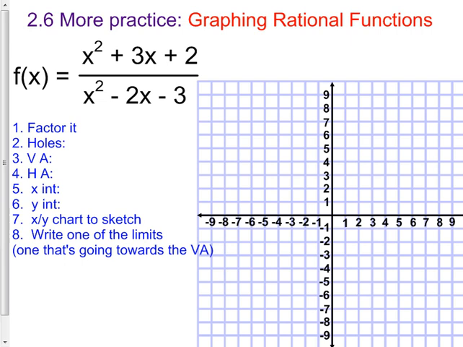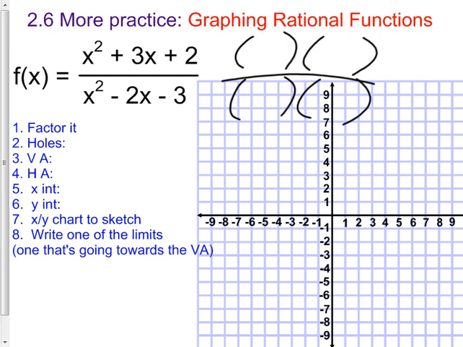Factored. All you have to do is factor it, and that'll look just like the other ones we just did. What does the top one factor to? X and X, plus and plus, 2 and 1. On the bottom one, X and X, plus and minus, negative 3, positive 1, I think.